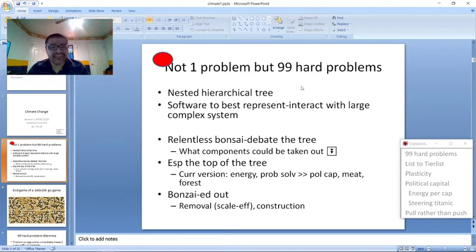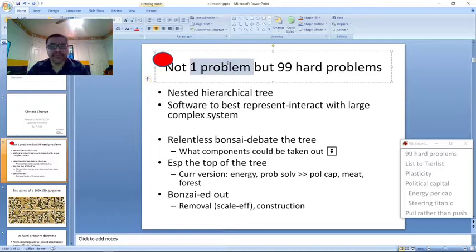One of the key challenges to solving the problem of climate change is it's not one problem, but 99 hard problems.